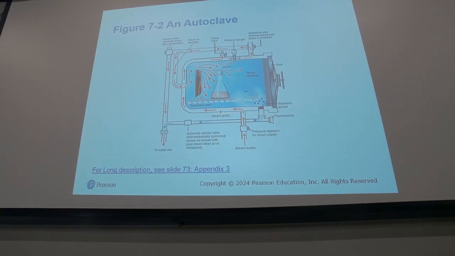Once the time has passed and the steam is released from the chamber, you have a gradual reduction of the pressure that accumulated inside. You cannot open the autoclave unless that pressure is 0. First, the machine is not going to let you open the door if it's not 0.